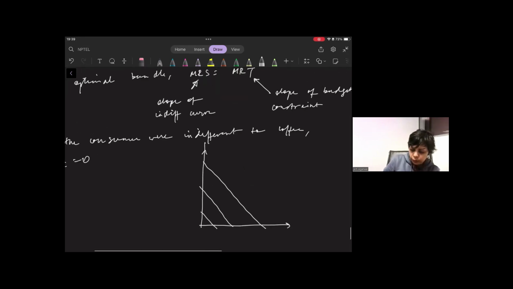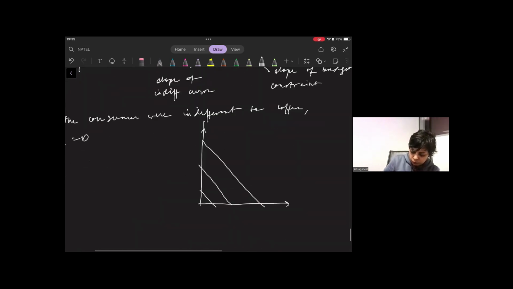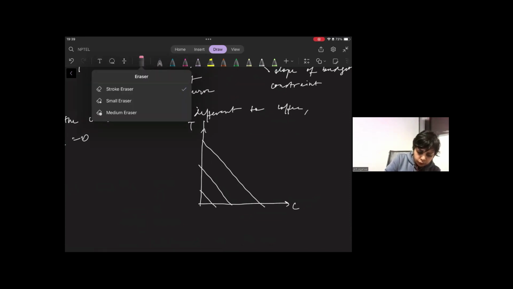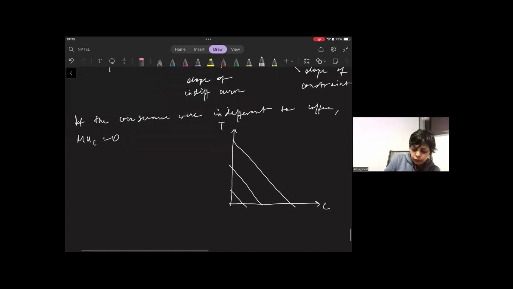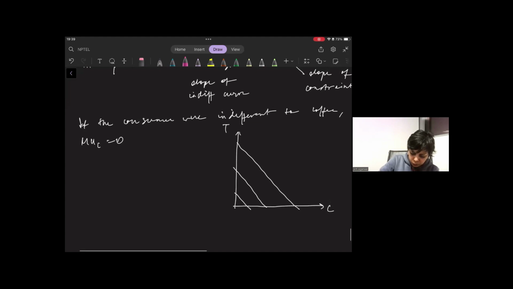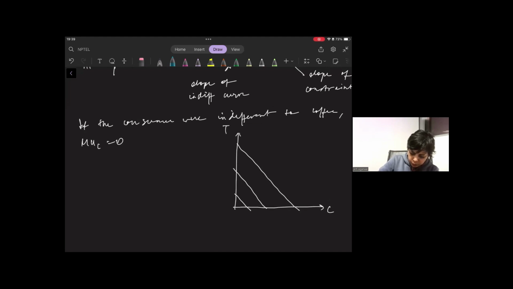Let's take the same thing as we took before, coffee and tea. These are your indifference curves, and somewhere, let's take the same kind of thing, this is your budget constraint.